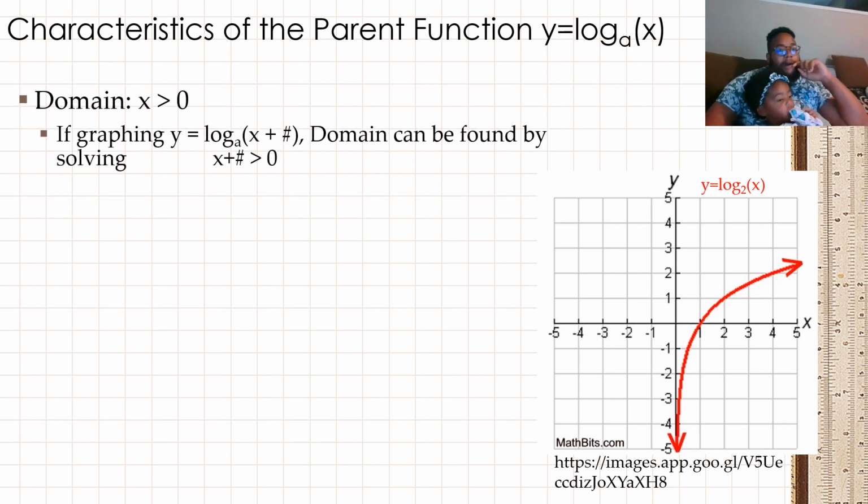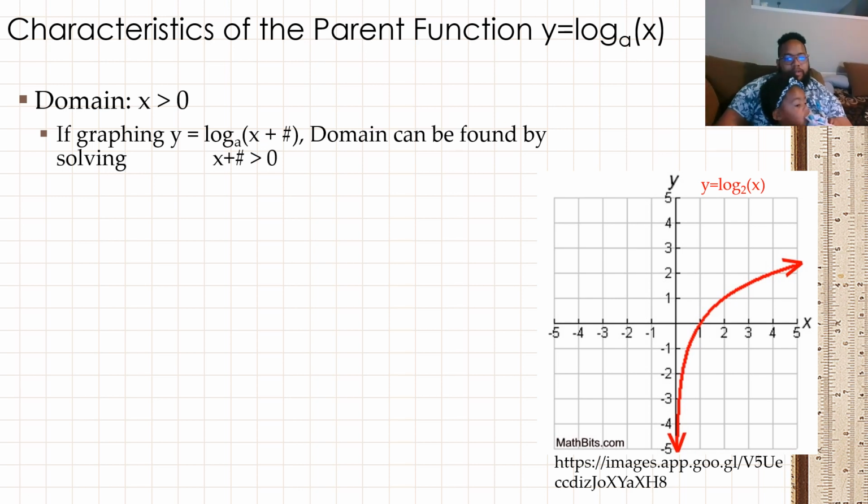So for all log functions, your domain is going to be x is greater than 0. Notice it's not equal to 0, because you cannot take the log of 0. So all parent functions will be x is greater than 0.